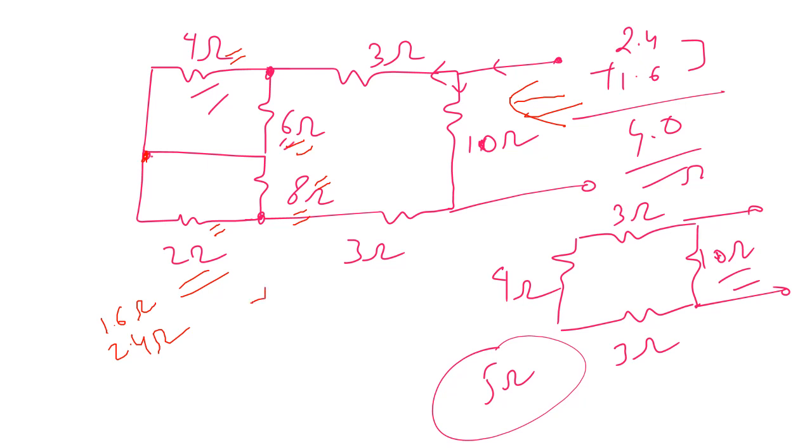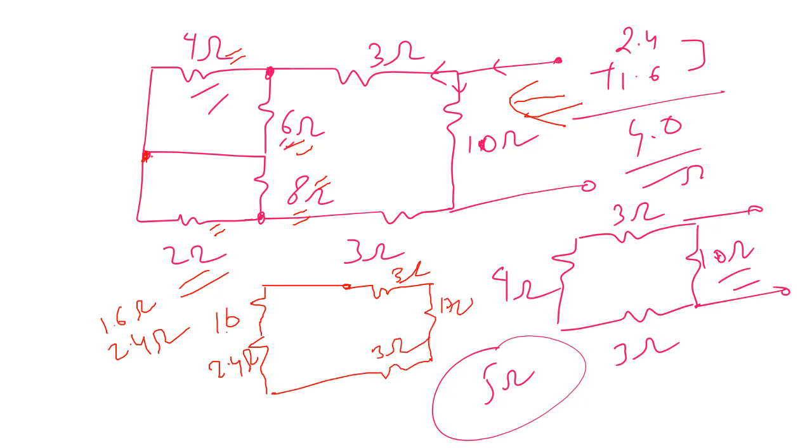The two will be in series, so 1.6 plus 2.4 is 4 ohms. Then you have 4 ohms, 3 ohms, and 3 ohms, which again make 10 ohms, and then 10 ohms in parallel with 10 ohms makes 5 ohms.